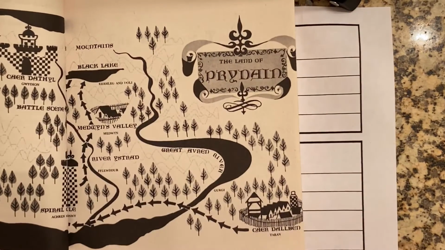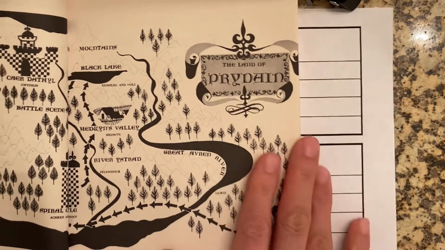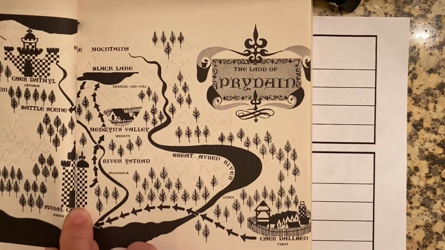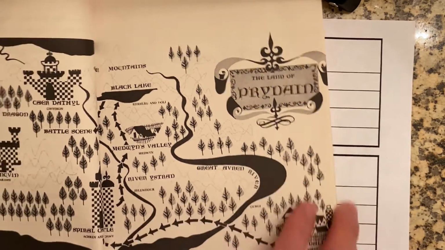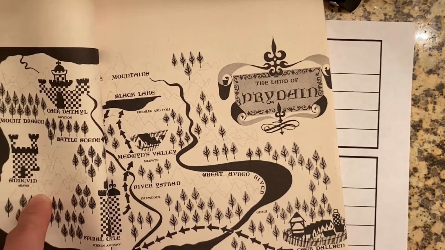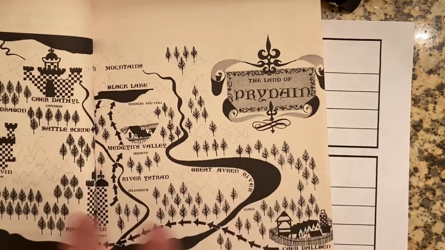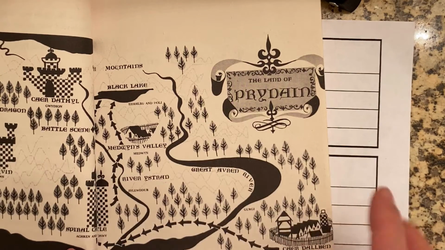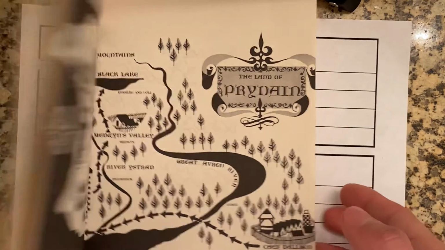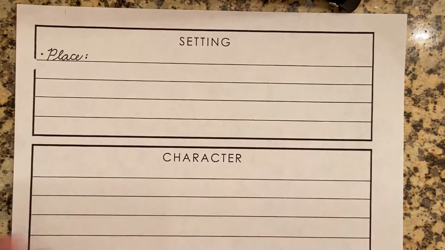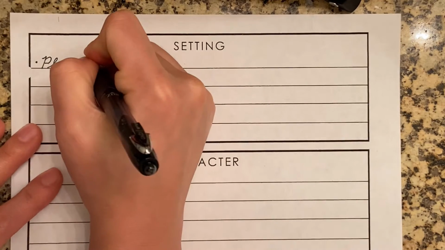So we have Cal Dalvin, and Spiral Castle, and Meadowinds Valley, and Cal Dathel, and we also have the kingdom of Anuvin. So the overall big setting was Prydain, and you can see it's broken down into different kingdoms. So for the bigger picture, let's go ahead and write Prydain as our setting.